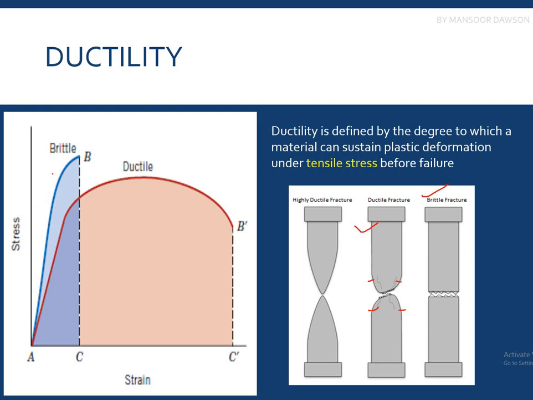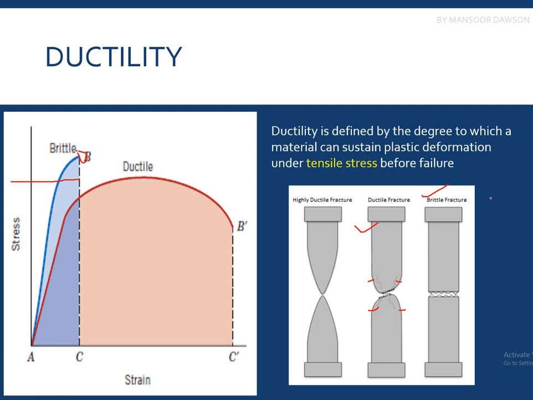There would be very little permanent strain, and immediately after its elastic limit, as you can also see in this blue line, on a very small stress compared to this, it fractures. It does not tend to deform, but it suddenly fractures.